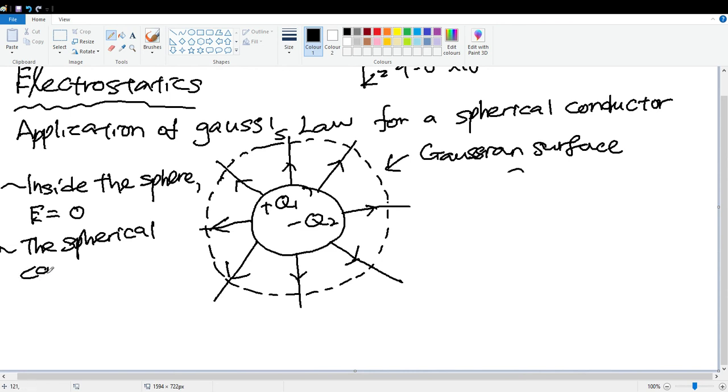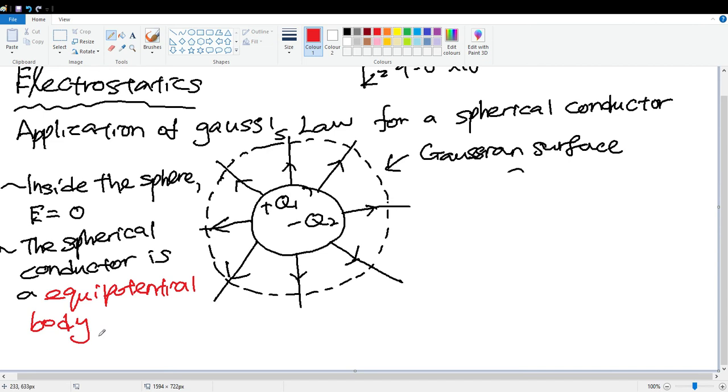The spherical conductor is an equipotential body. This is our keyword: equipotential body. So a spherical conductor is an equipotential body.